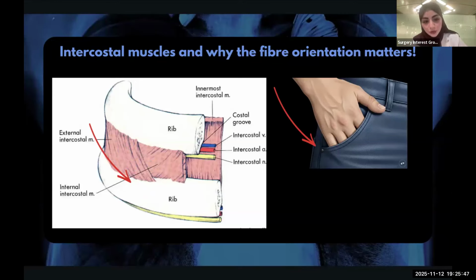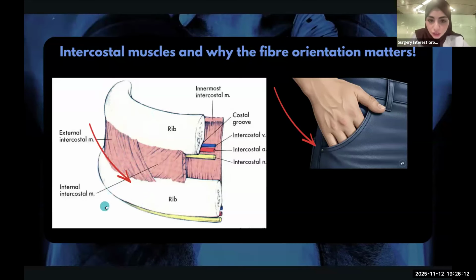This is the direction of the external intercostal muscle. Another way they might describe it is extending from the posterior rib tubercle all the way anteriorly to the sternum. It's more confusing wording, but all you need to know is hand in pocket direction, which means it's going to be obliquely down.